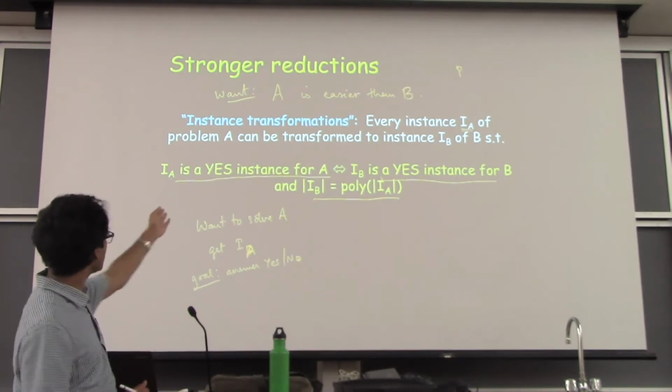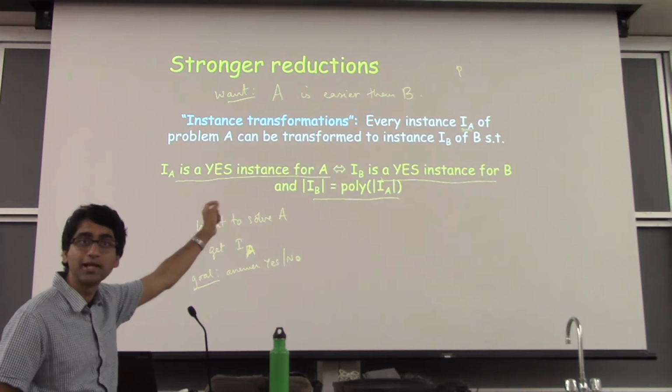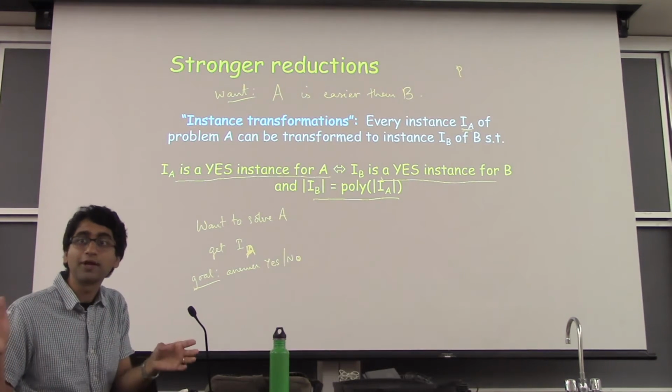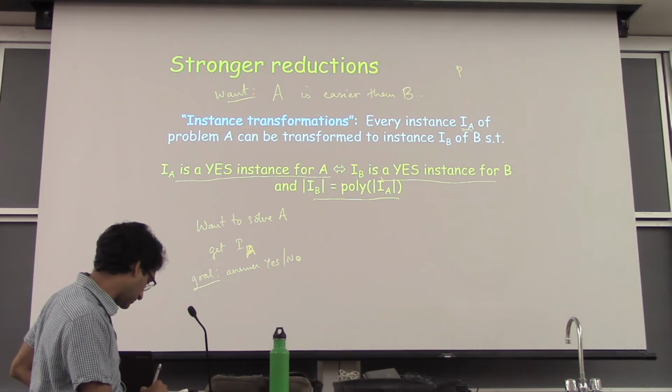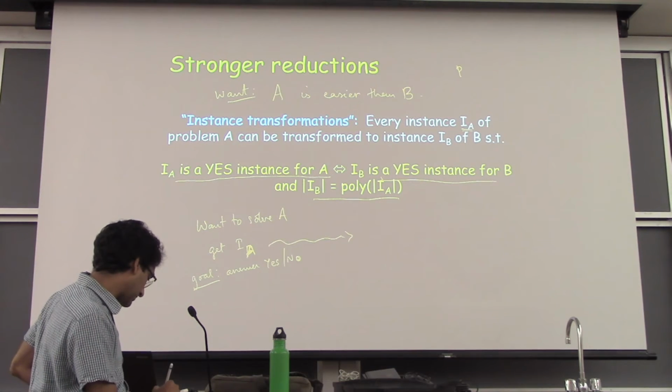Suppose I had a transformation algorithm like this. Suppose I know a way of transforming. Then I'm going to use this transformation to construct IB.